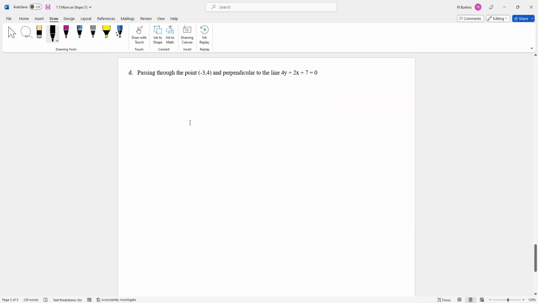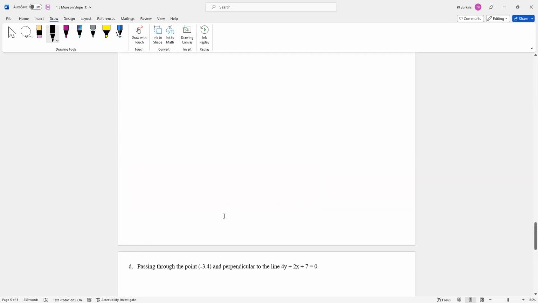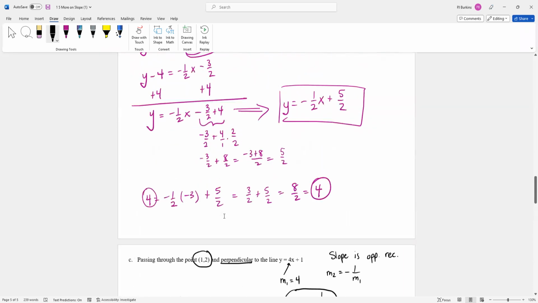Right. So here we have an equation passing through a point perpendicular to another line. They did not give us this line in y equals form. We've already calculated this, so I'm going to go back up and just steal our y equals equation.